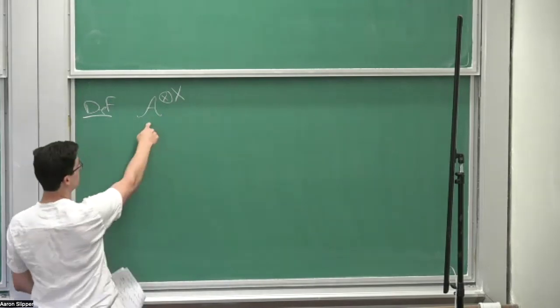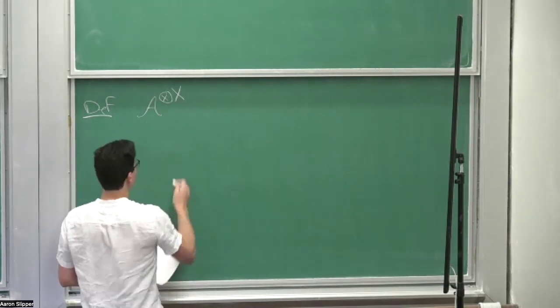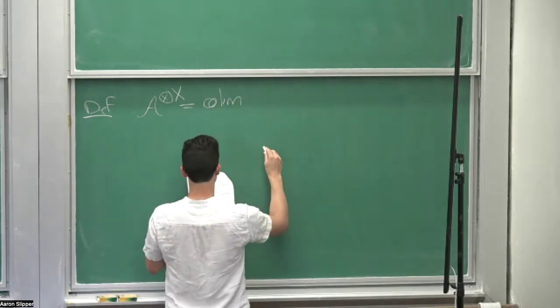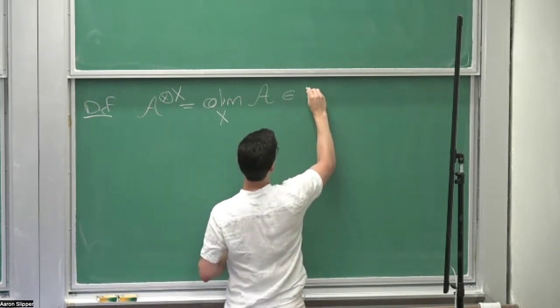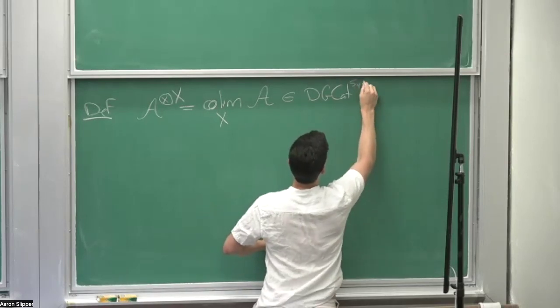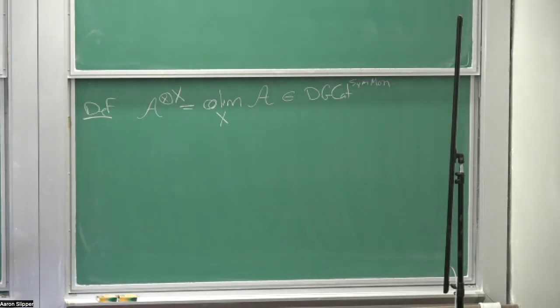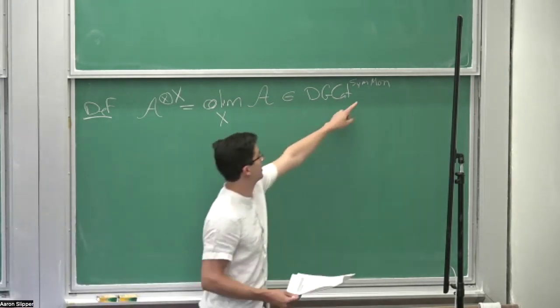I'm taking a symmetric monoidal DG category A, and A ⊗ X is this colimit of A, taken in the category of DG categories with symmetric monoidal structure. So I'm taking this colimit along the index category X of this constant functor X mapping to A. And it's taken in symmetric monoidal categories.